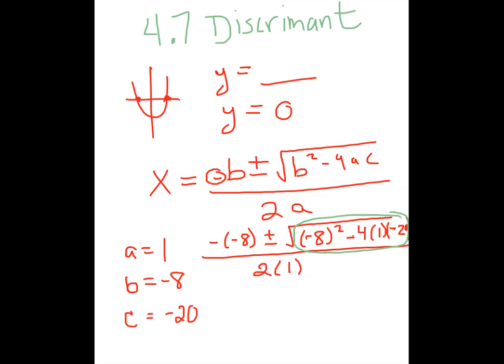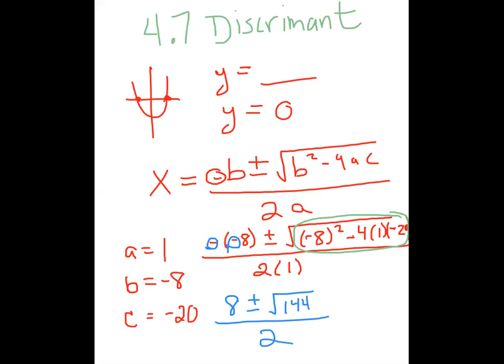Go ahead and practice typing that, see how you do, but you should get 144, which means the next line of our work, the double negative turns into just a regular 8, plus or minus the square root of 144, all divided by 2 times 1, which is 2.